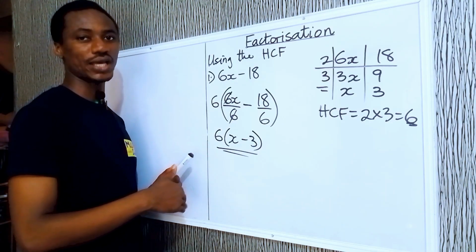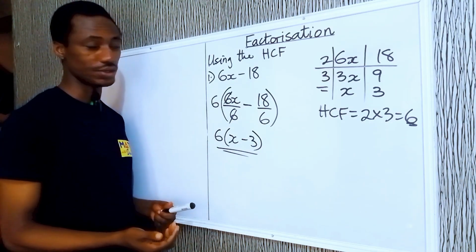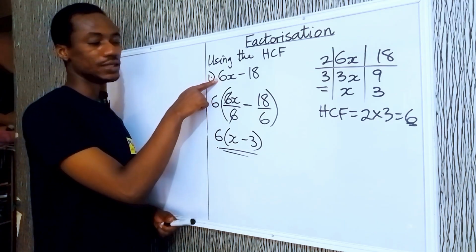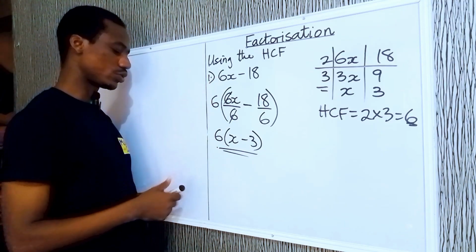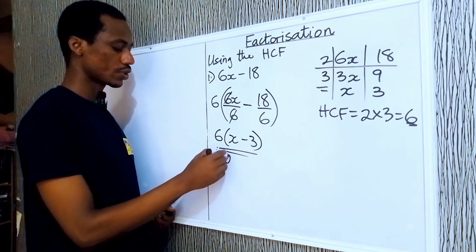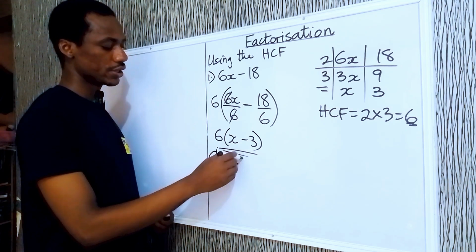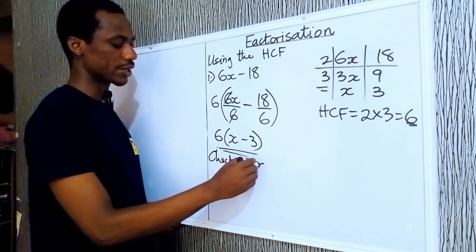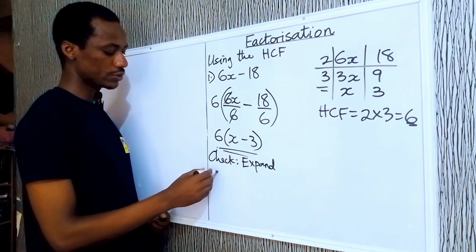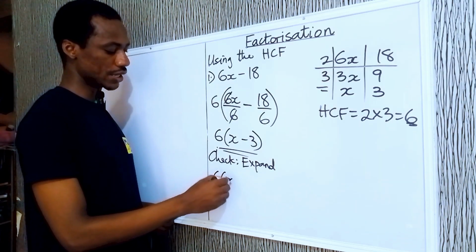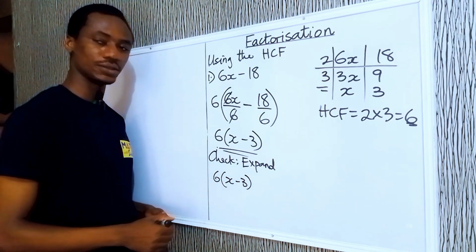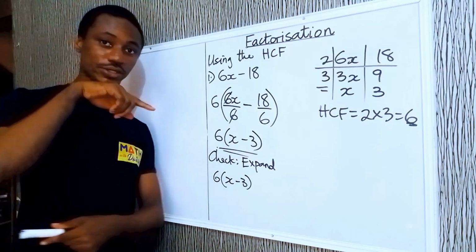And by the time you expand this, which is the opposite, it will take us back. All right, so we check with expansion. We do a check with what? Expansion. So we say expand. And when we say expand, it means we're going to clear the bracket by reversing what we did before.